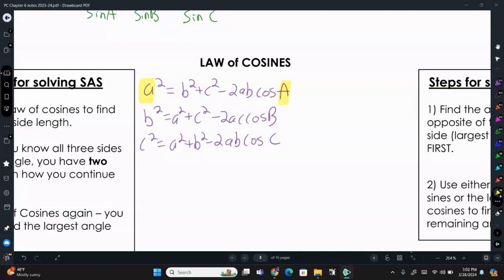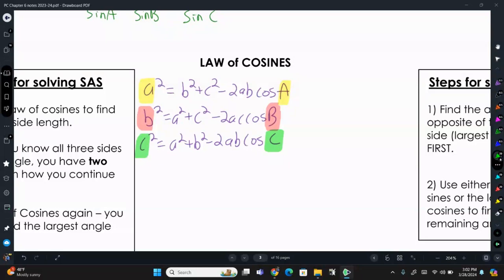So you notice if we're trying to find side A, we know what angle A is. If we're trying to find side B, it's going to be cosine of angle B. If we're trying to find side C, it's the cosine of angle C.